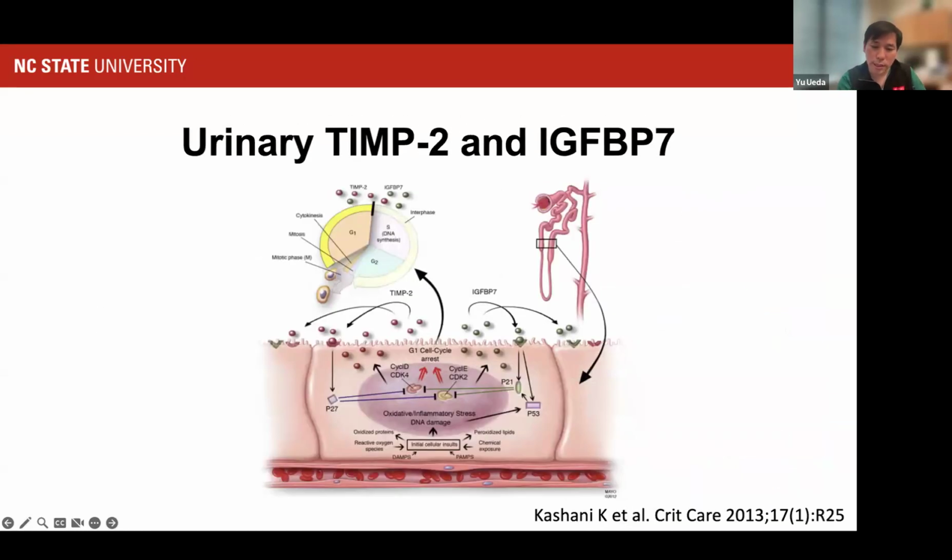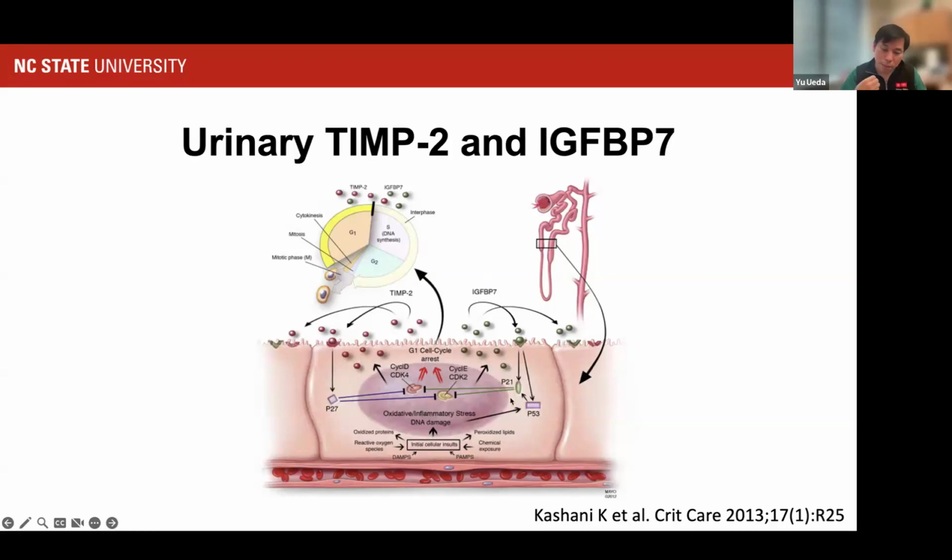And again, more detail is described in this figure. So what happens is that when there is a cellular insult or stress or stimuli to the tubule cells, these tubule cells produce TIMP2 and IGF-BP7 molecules. Then these molecules act like autocrine or paracrine molecules, and they bind to the luminal surface of the tubule cells, and they induce the expression of the P proteins, including P27, P53, and P21.